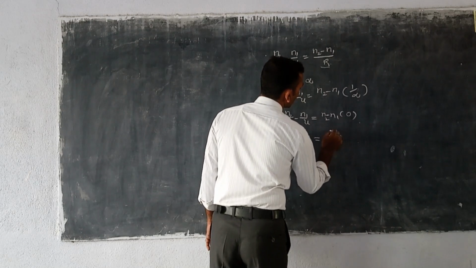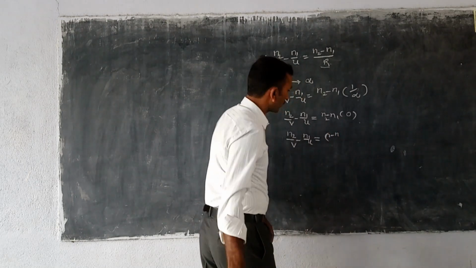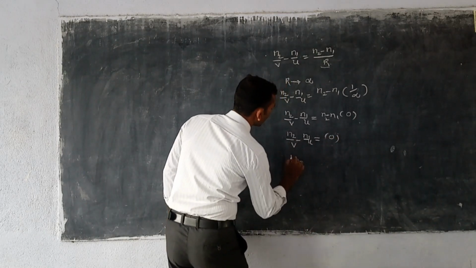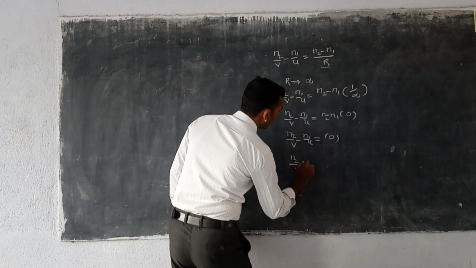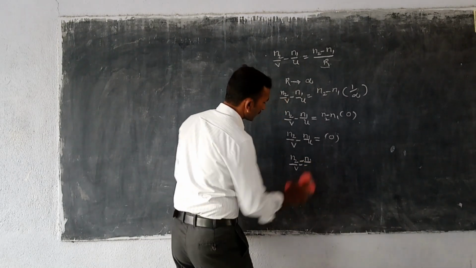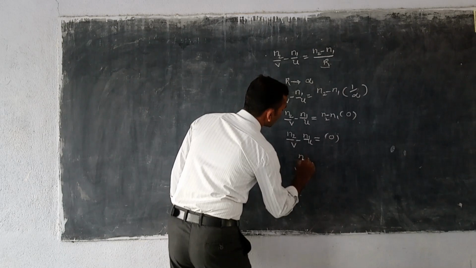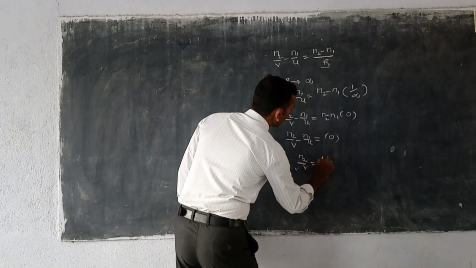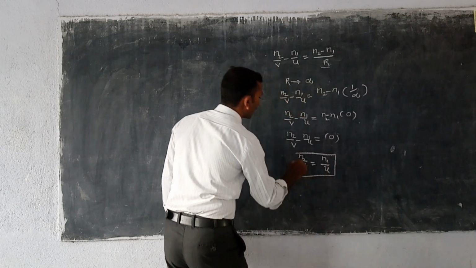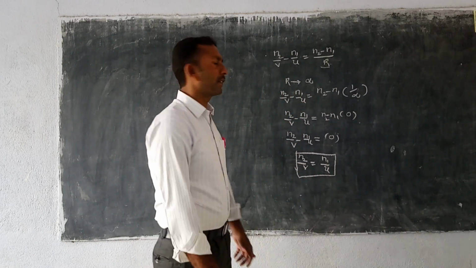This becomes 0, so we can write N2 by V equals N1 by U, and this is the equation for plane surfaces.